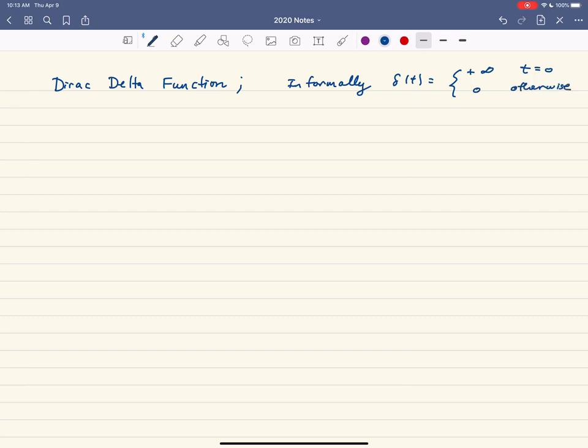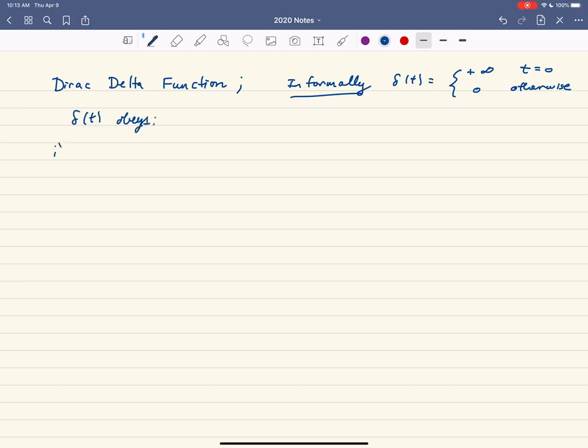So this is going to be some function. We'll come back to the graph of this and why that's a reasonable intuition, but the function here is going to have the following properties. So delta obeys the following properties.